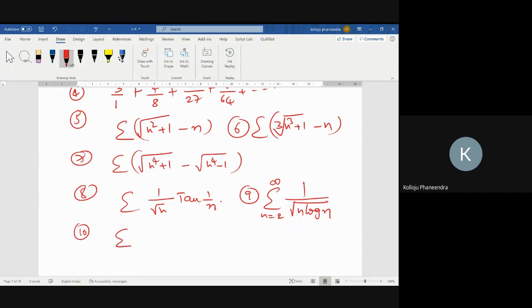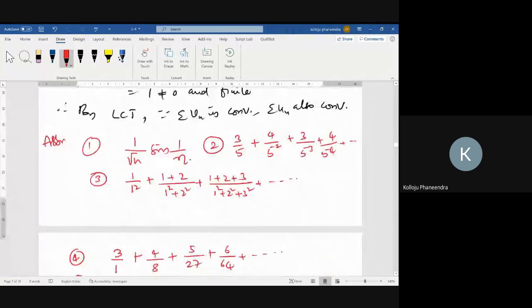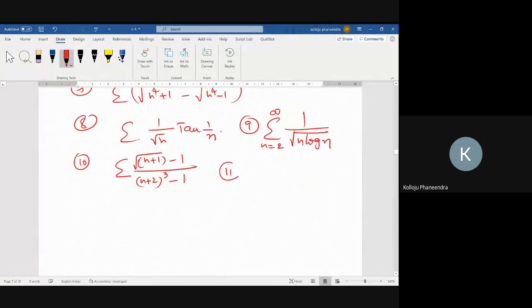Summation of under root n plus 1 minus 1, whole by n plus 2 whole cube minus 1, whole cube minus 1. That's it. These are the 10 assignment problems based on the limit comparison test. And one more finally, summation n is 2 to infinity 1 by log n.